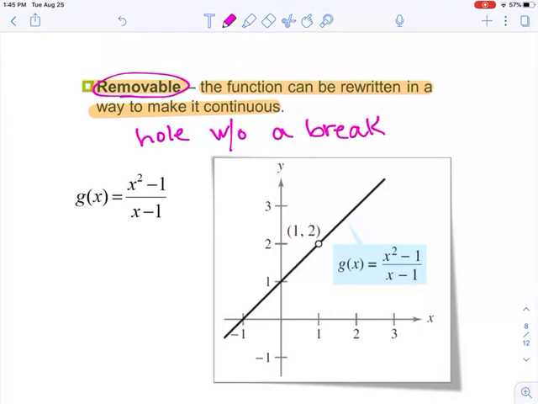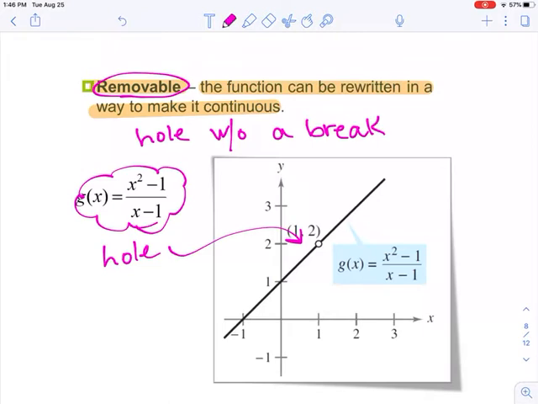Basically, removable discontinuity is going to be a hole without a break, okay? Like in this example here. Here we have discontinuity, and we could remove the discontinuity by filling in this hole right here, and then it wouldn't be discontinuous anymore, okay? So if there's a way to fix it by filling in a hole, then we have removable discontinuity.